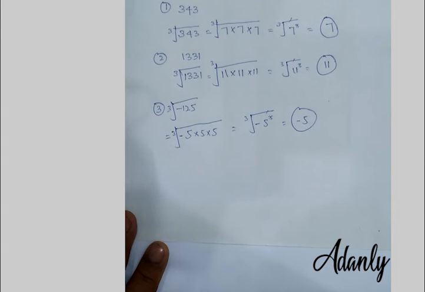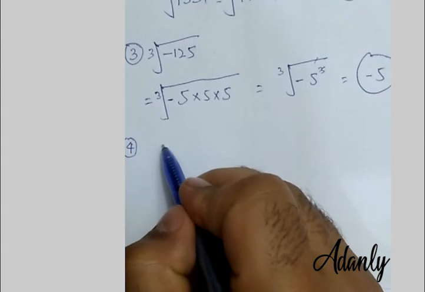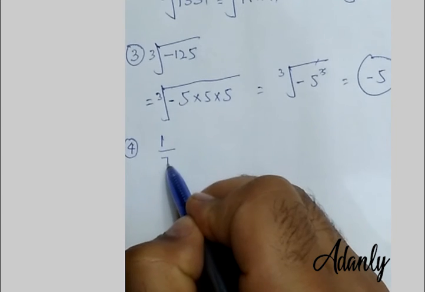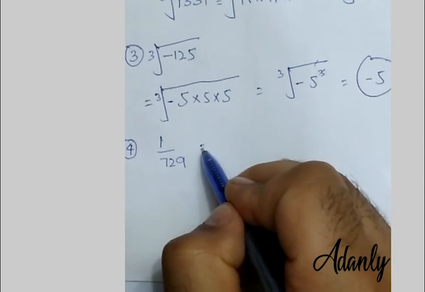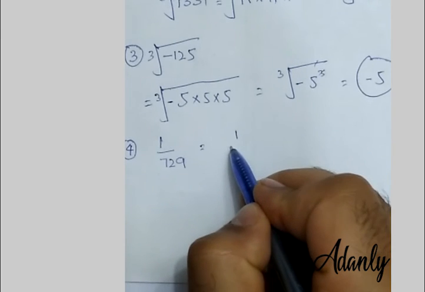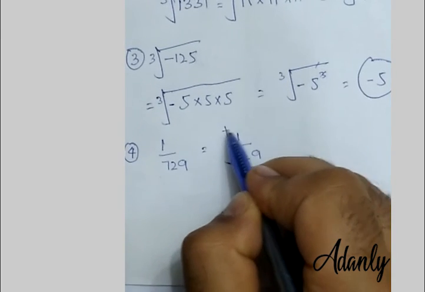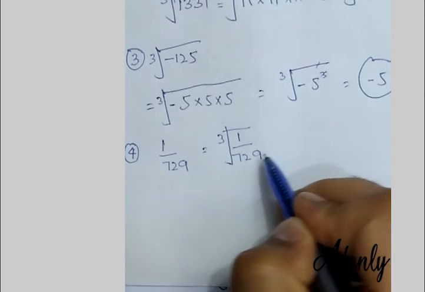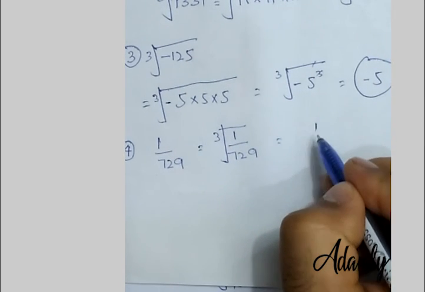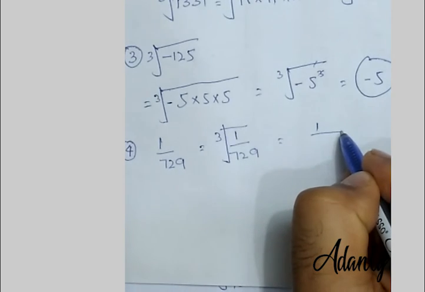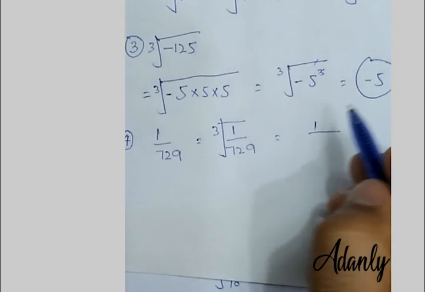Might be 1 divided by 729. So we can write it like 1 divided by 729 under the cube root. So 1 will be 1 always, so we can write it as 1, and we have to think of 3 such identical numbers that give us 729.